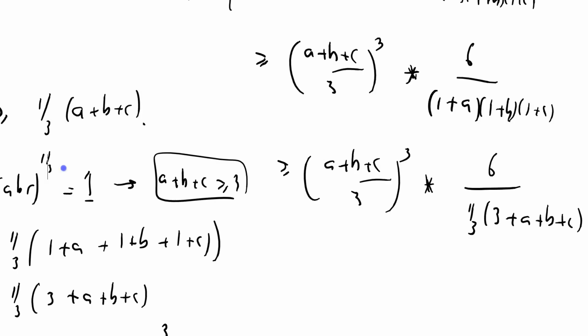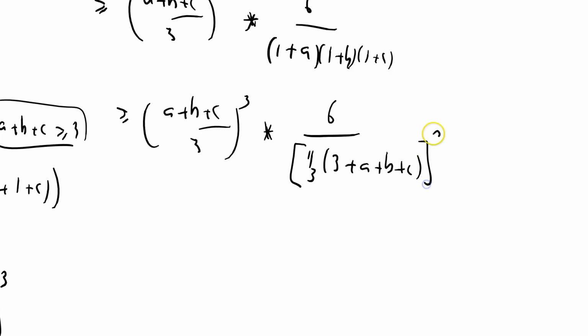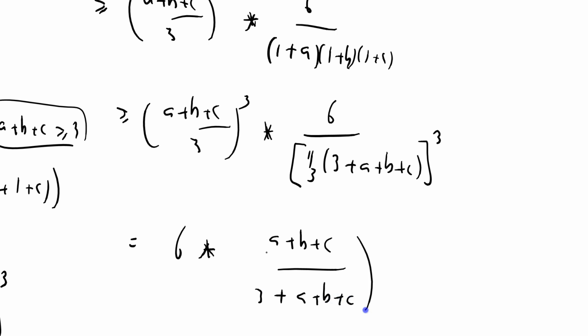So that cubed has to appear. So that's 6 times, the 3's disappear, a plus b plus c over 3 plus a plus b plus c, cubed.